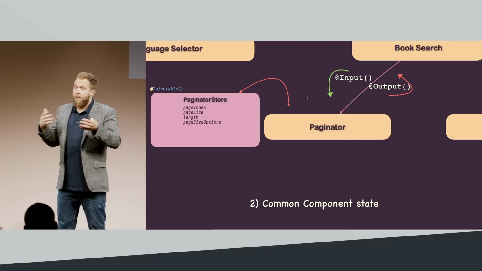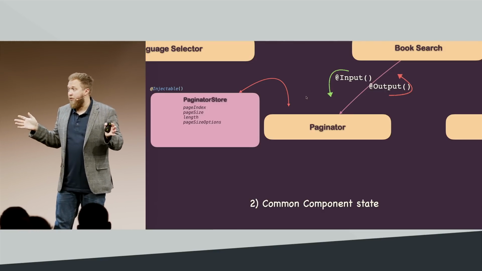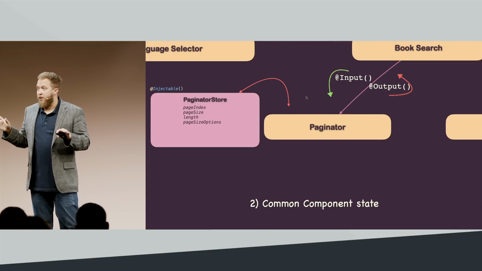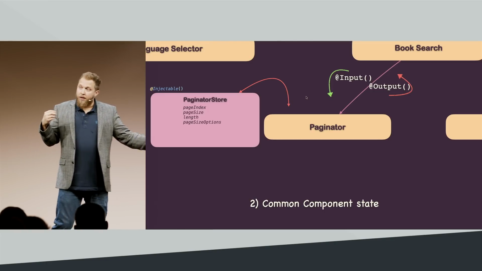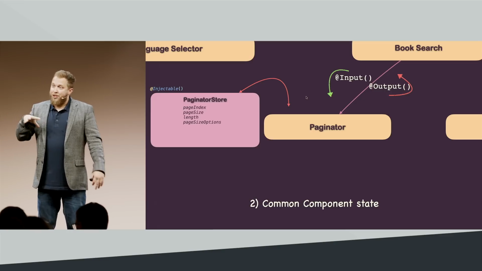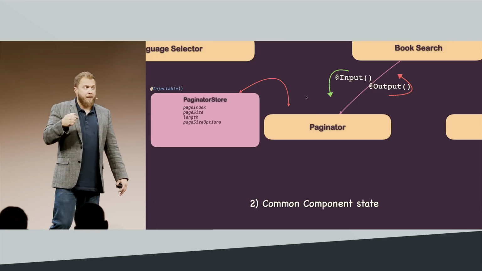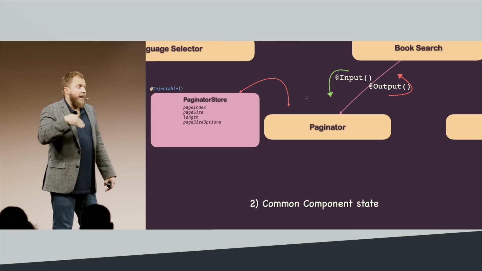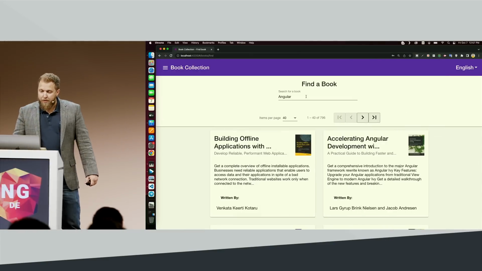It just communicates. So the paginator component has no idea that you're talking about books or what to do with books at all, because it gets its data through the input, and when the user changes values, goes to the next page, or changes how many items per page to show, that is the output. So it has the output event.